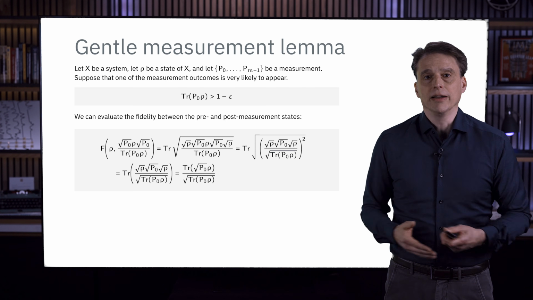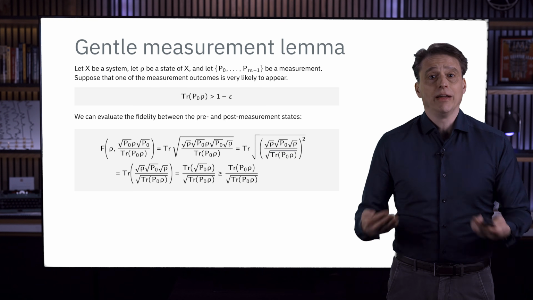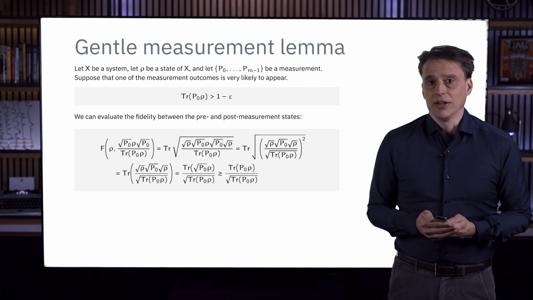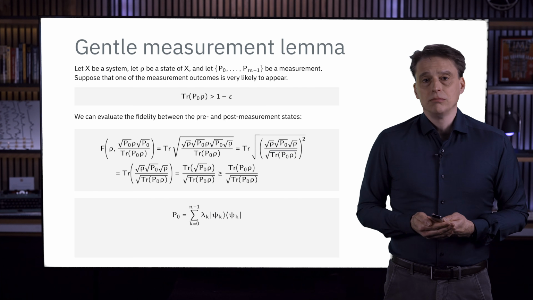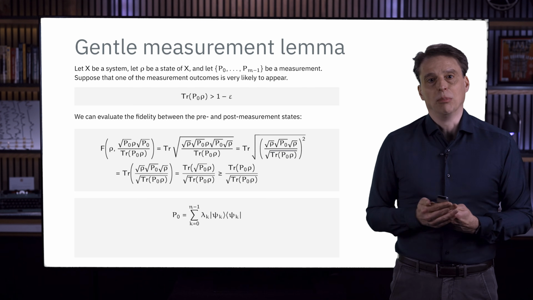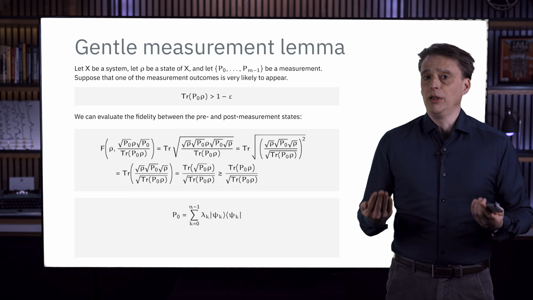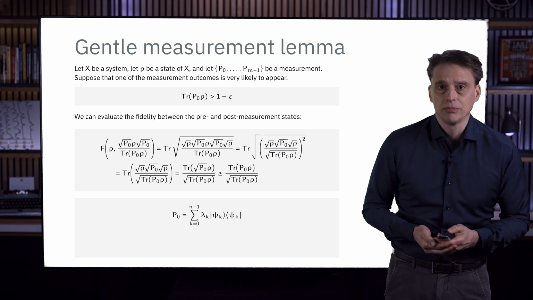We're really just simplifying. But now we do need an inequality because we'd like to get rid of that square root in the numerator, and we can indeed do that if we're willing to settle for a lower bound. If you're interested in the details for this part, you can get the inequality pretty easily by considering a spectral decomposition of P0. The eigenvalues of P0 have to be between 0 and 1. That's always true for matrices that describe measurements.